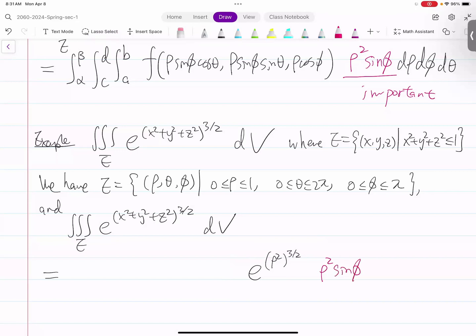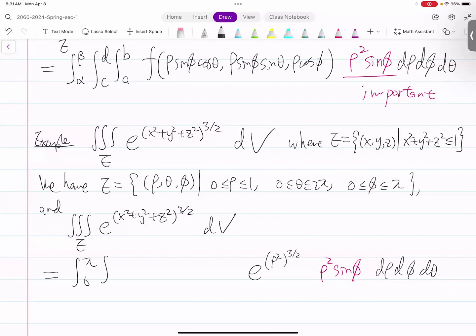And now let's just follow the same order. So this is d rho d phi d theta. So we actually know that for a spherical rectangle, the order actually doesn't matter, but then we just need to be consistent. So here, theta is between 0 and 2 pi, I will put it on the most outer side.